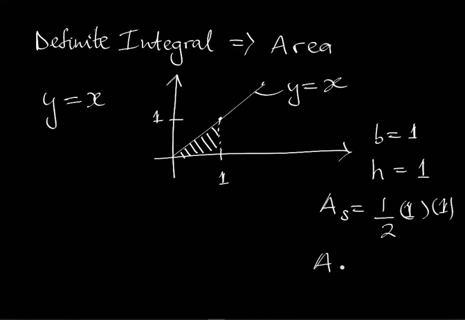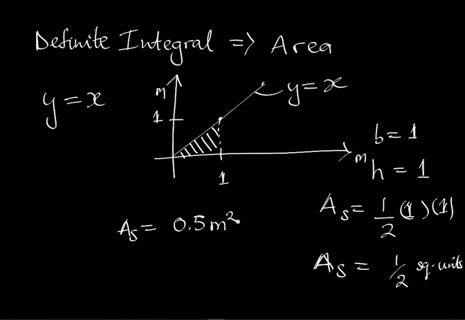So we're expecting that the shaded area is equal to half square units, or simply 0.5 square units. If this was meters and this was meters, the shaded area is going to be 0.5 square meters.